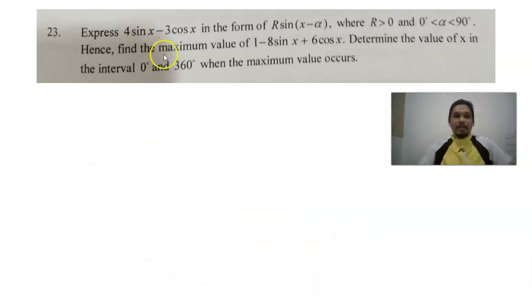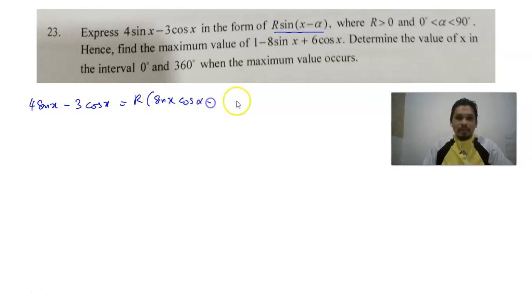Now express 4 sine x minus 3 cos x in the form of this, given r sine (x minus alpha). So 4 sine x minus 3 cos x equal to r sine (x minus alpha), which is sine x cos alpha minus cos x sine alpha.